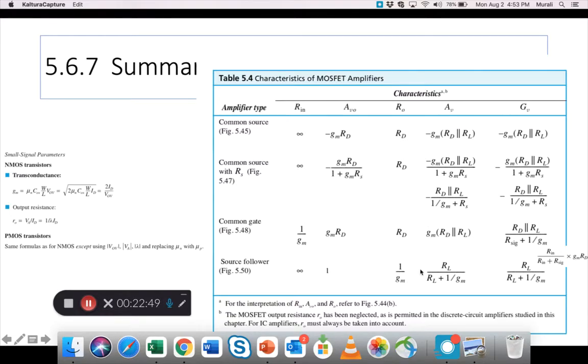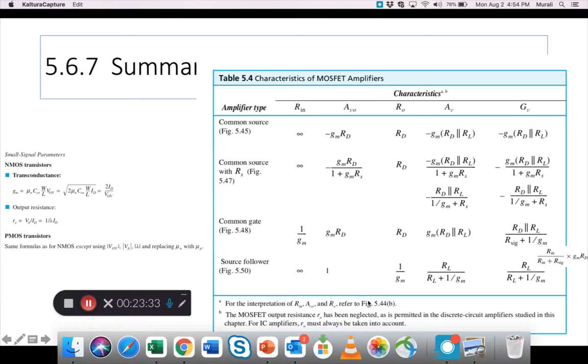These formulas, in my opinion, are simpler than for BJTs, right? Because the input resistance is infinity, right? Not like for BJTs, and that's why the R pi keeps coming everywhere. But here, luckily, because it's infinity, at least in these three cases, only for the common gate you have some value here. The formulas make it a little bit easier. Similarly, output resistance is just RD, right?